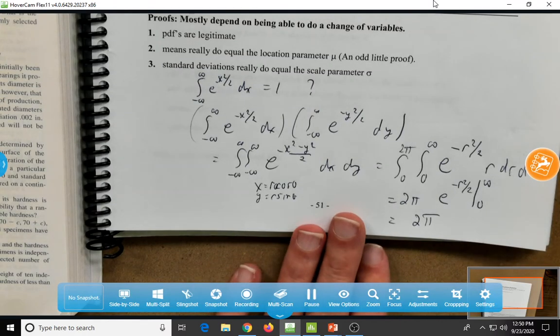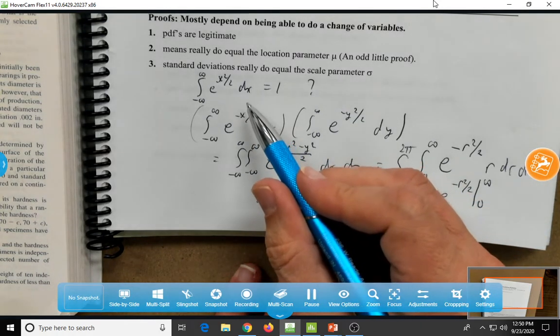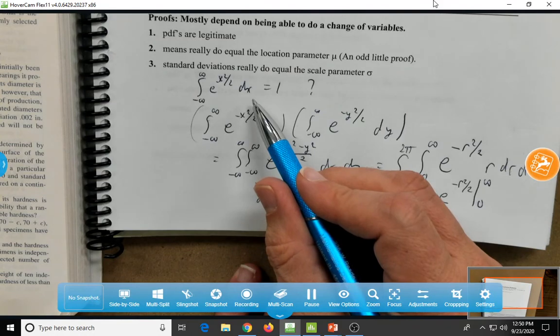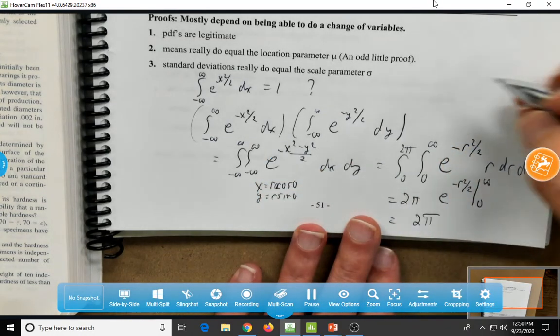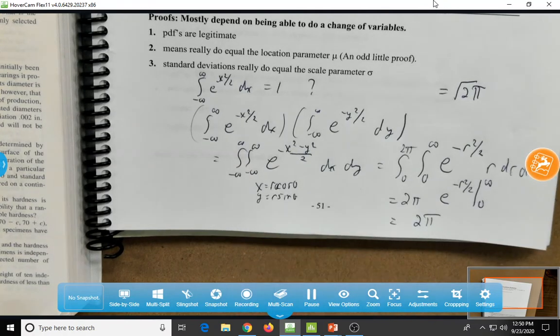And so what that means is that the integral of this part up here actually is equal to the square root of 2 pi. And that's why we have to divide by square root of 2 pi. It's a great trick, isn't it? You double it, polar coordinates, calc 3, it's great.